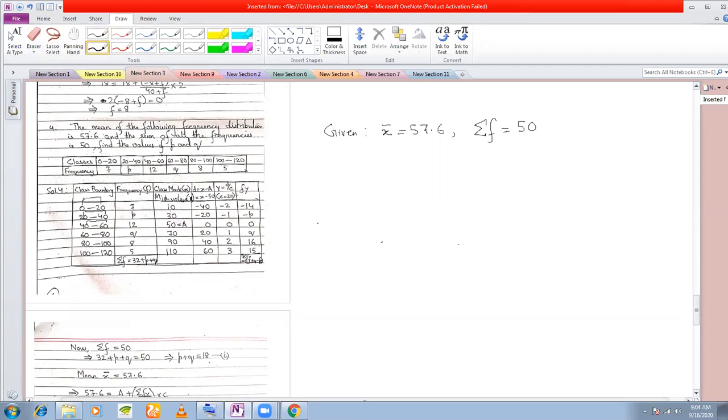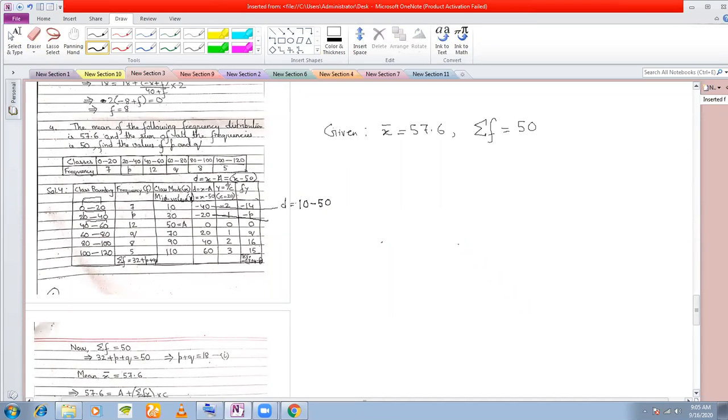Next you calculate the deviations about the assumed mean. The next column will be for d, which is equal to x minus a. And what is a here? I have assumed a to be 50. For each row you will have a different x. For the first row, x is 10, so 10 minus 50 gives you minus 40.